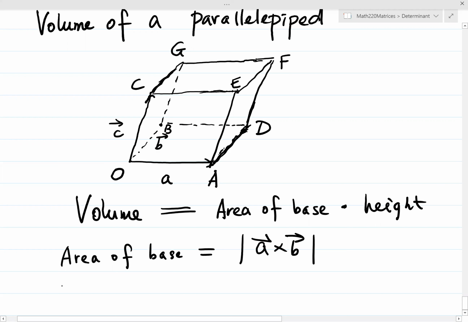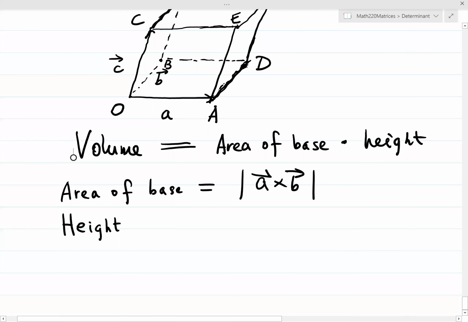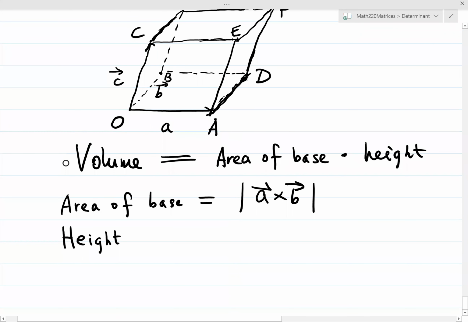Then how do we determine the height? If you find the height, you project, so the height H is the norm of C times cosine theta.